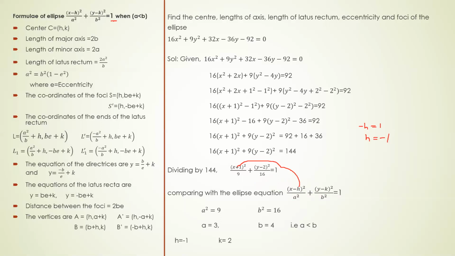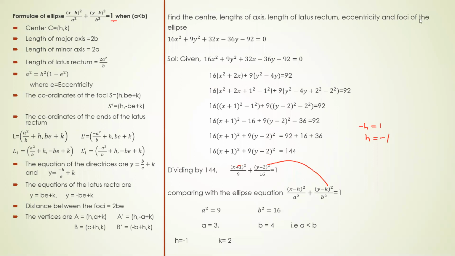Now similarly we can compare k. When you compare k, it will be 2, because here y has a minus sign. So the k value is 2, and the h value is minus 1.